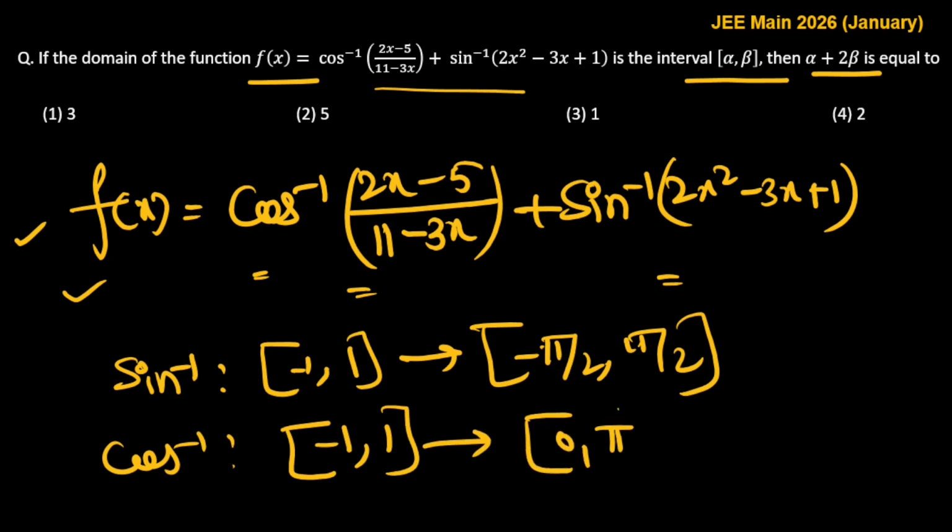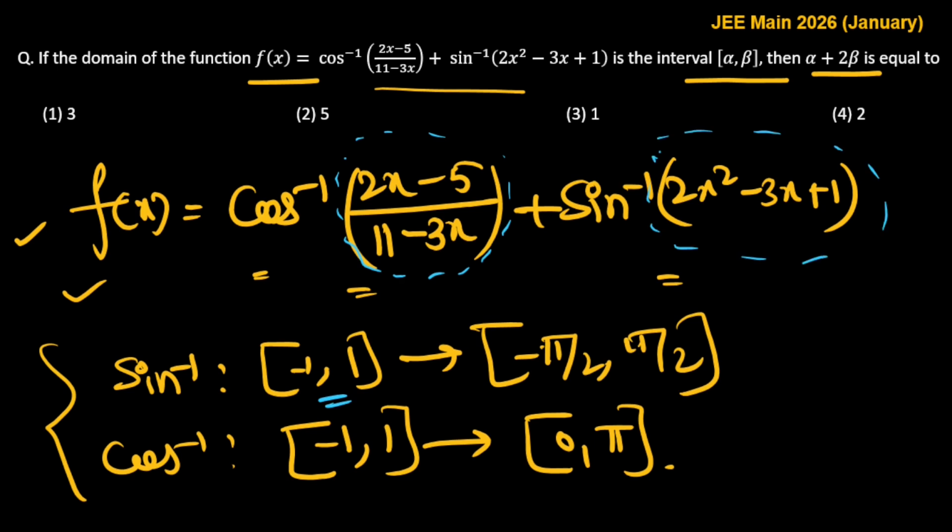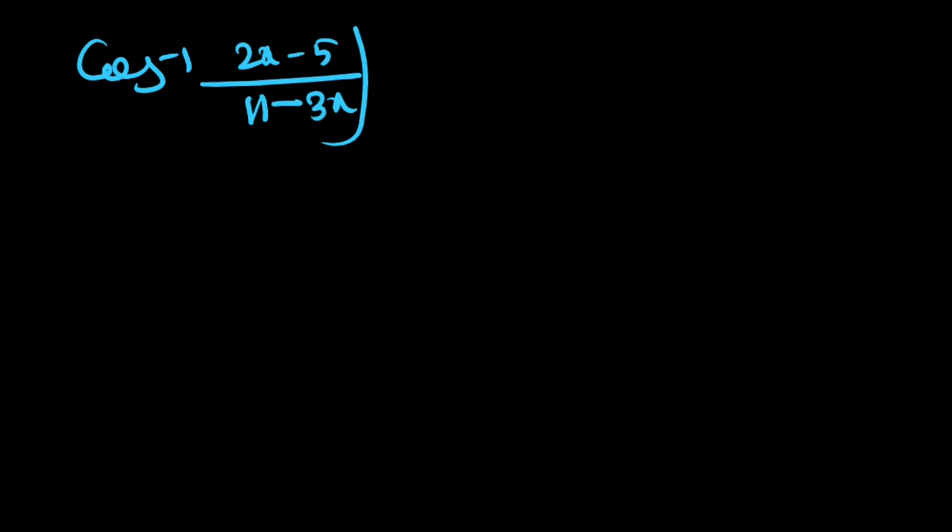So the domains are the same in both the sine inverse function and the cos inverse function. That means these values lie between minus 1 to 1, and this value also lies between minus 1 to 1. So first we find the domain of this cos inverse of (2x minus 5)/(11 minus 3x).